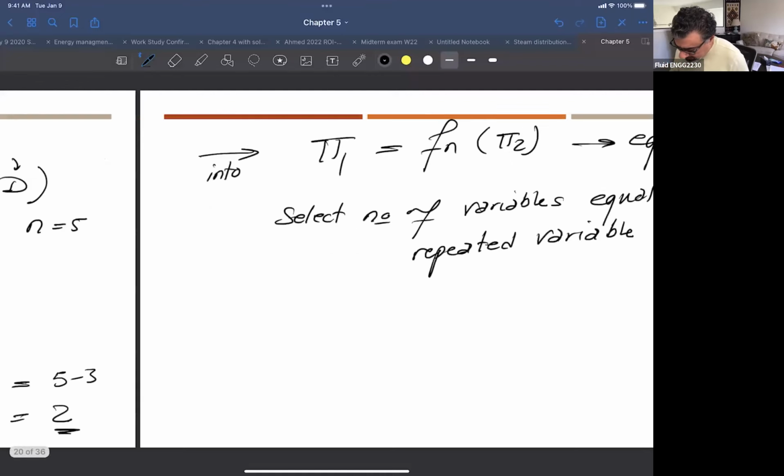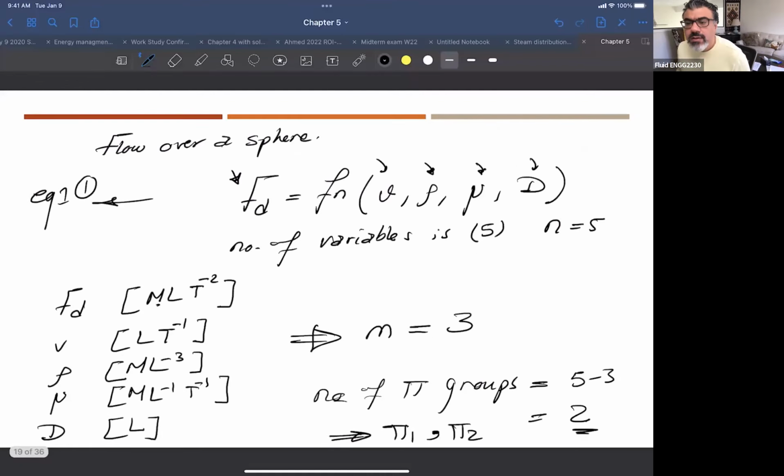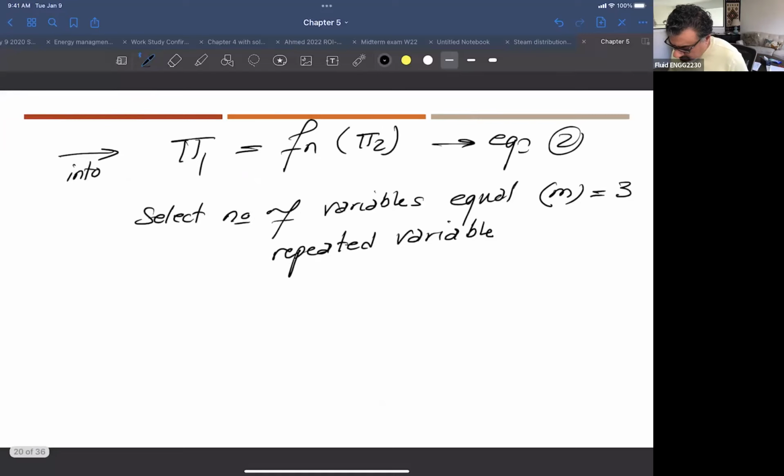So I'm going to select 3 variables out of these 5, none of them being your main variable. So 3 out of these 4 here. We're going to select these repeated variables, not including the main variable.